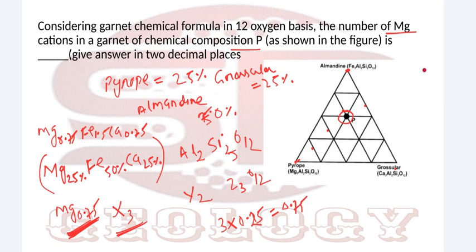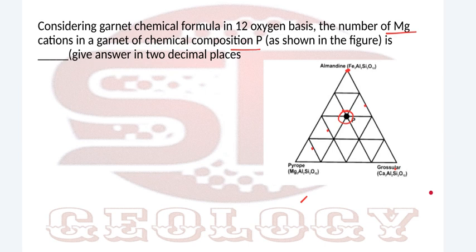The diagram is a compositional diagram where we can take different minerals at the vertices. Each vertex indicates a mineral where that mineral is 100%. Pyrope is 100% here, grossular is 100% here, and almandine is 100% here.